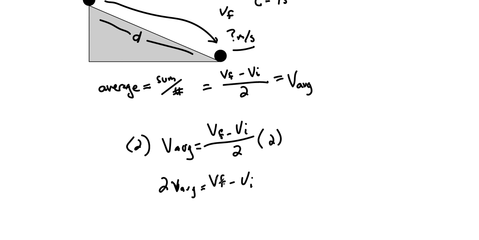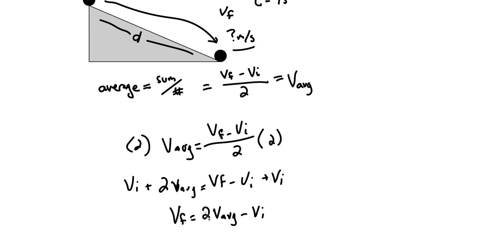Now we want to find V final, so how do we get rid of the minus V initial? Well, we add V initial to both sides. V final equals 2 V average minus V initial.